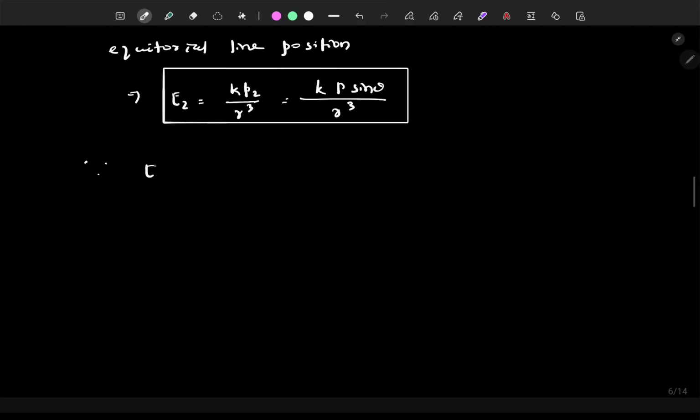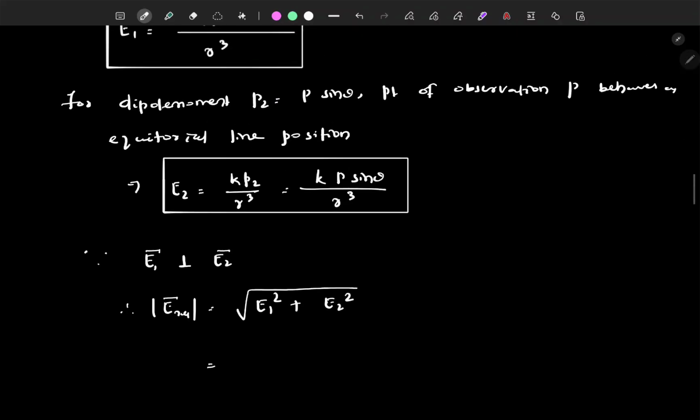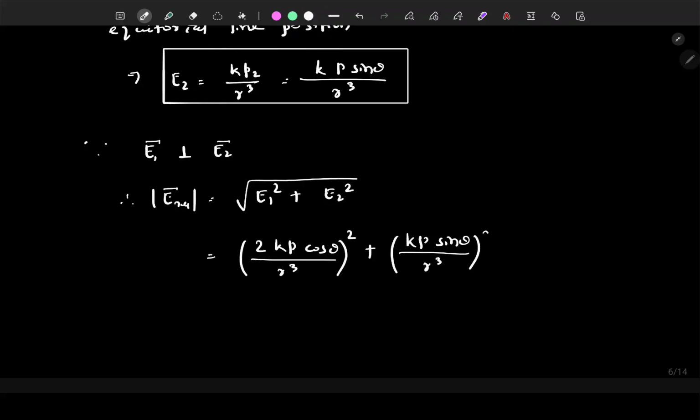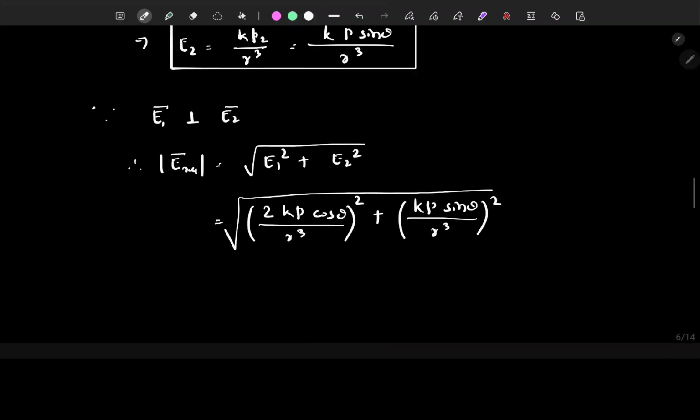Now the magnitude. E1 vector is perpendicular to E2 vector, so E net magnitude is the square root of E1 square plus E2 square, where E1 is 2 kp cos theta by r cubed whole square, plus kp sin theta divided by r cubed whole square, root over.